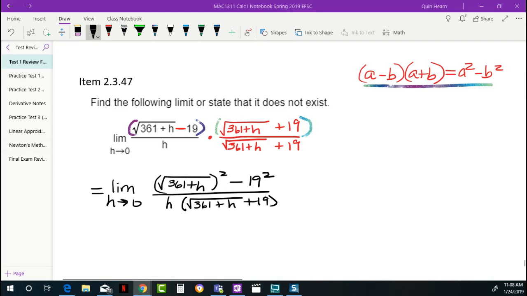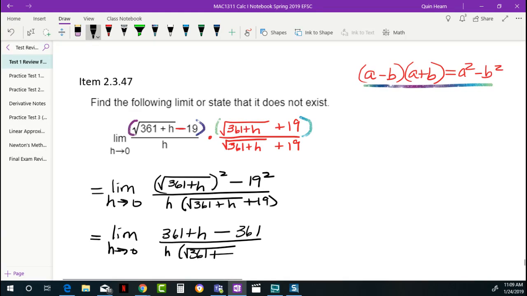Okay, so now we're going to simplify algebraically. We have the limit as h goes to 0, and then we're going to have 361 plus h, since the square root and the square cancel out, minus 19 squared, which is 361, and in the denominator that stays the same. Now 361 minus 361 is 0, so that cancels out.